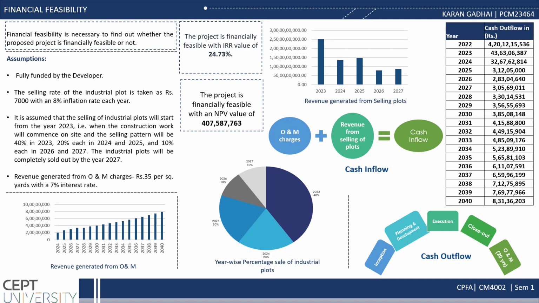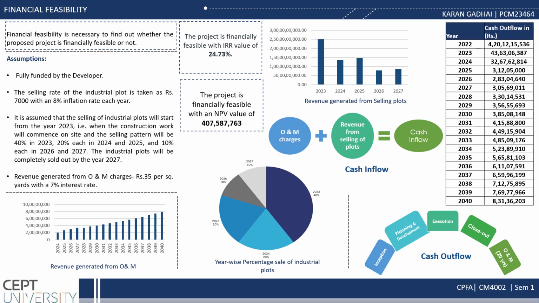It is assumed that the selling of industrial plots will start from the year 2023, that is when the construction will commence on site, and the selling pattern will be 40% in 2023, 20% each in 2024 and 2025, and 10% in 2026 and 2027. The industrial plots will completely be sold out by 2027.